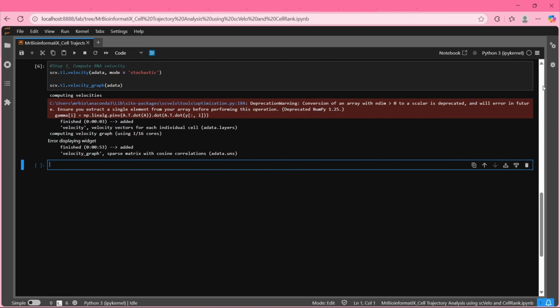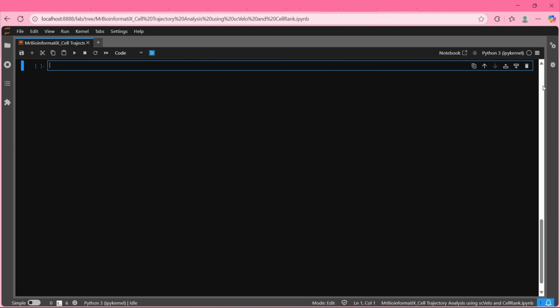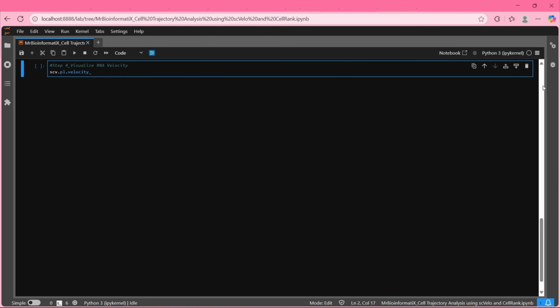And now let's go for step 4, to visualize our RNA velocity. Let's run our code.